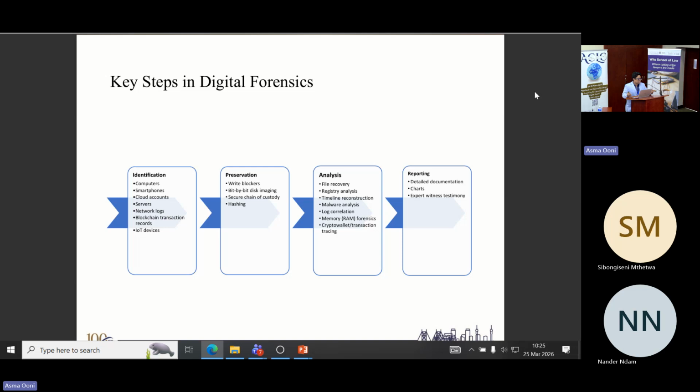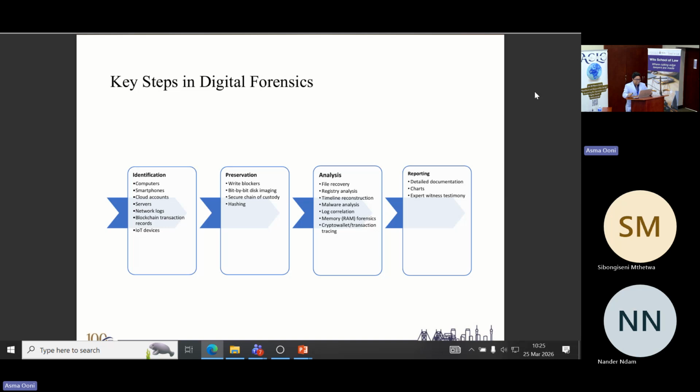And then comes bit by bit disk imaging. If something happens in your computer, because everybody has these disks, they go bit by bit to check if anything is overwritten or deleted. Because many times we find that experts are able to recover items which are already deleted.